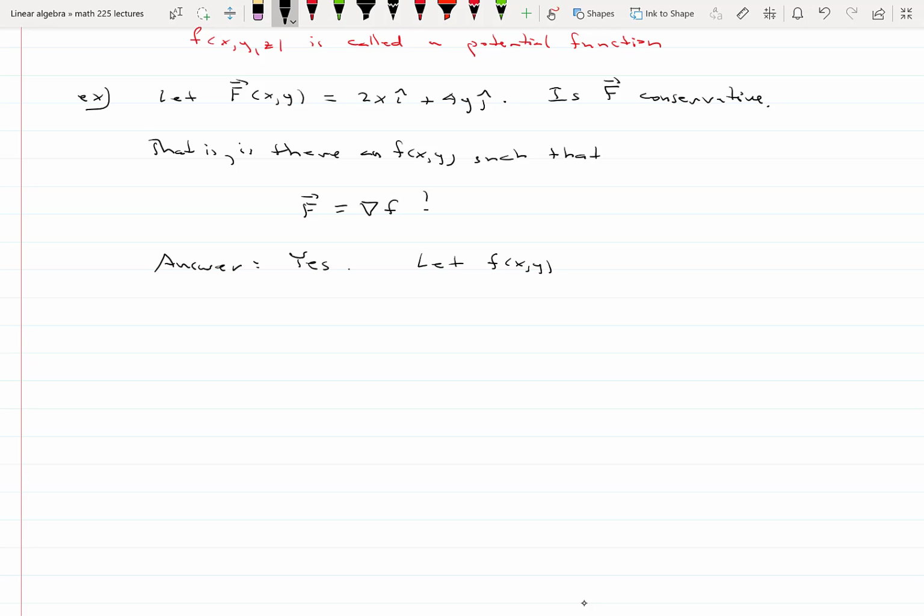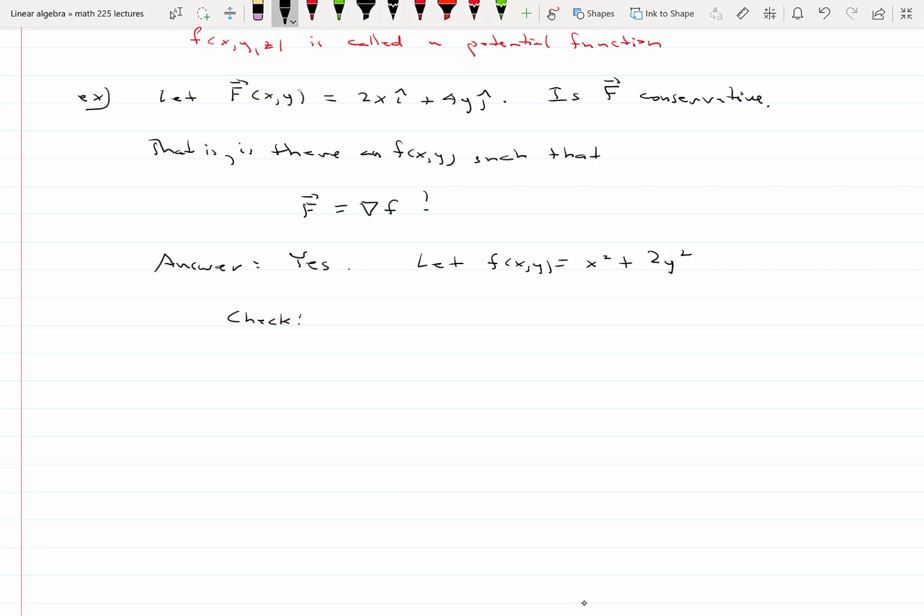So let f of x, y equal x squared plus 2y squared. Okay, let's check it. In order for the vector field F of x, y to be conservative, the gradient of this mysterious scalar function that I found needs to equal the vector field.